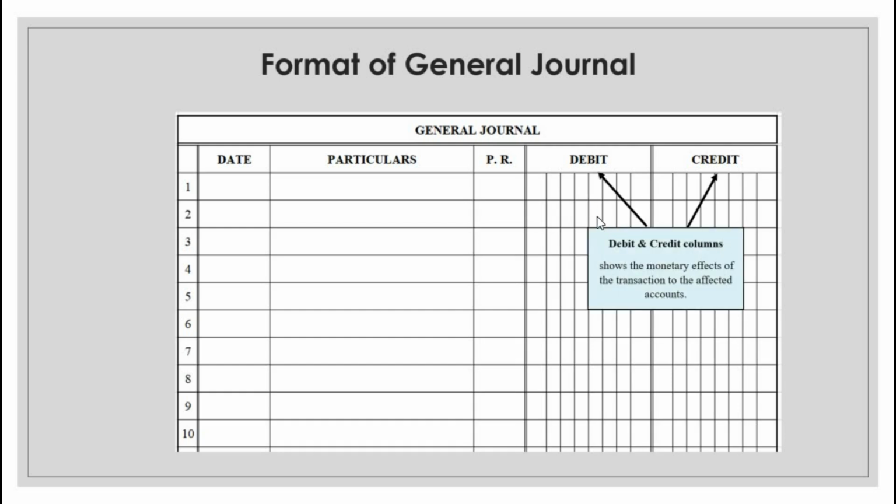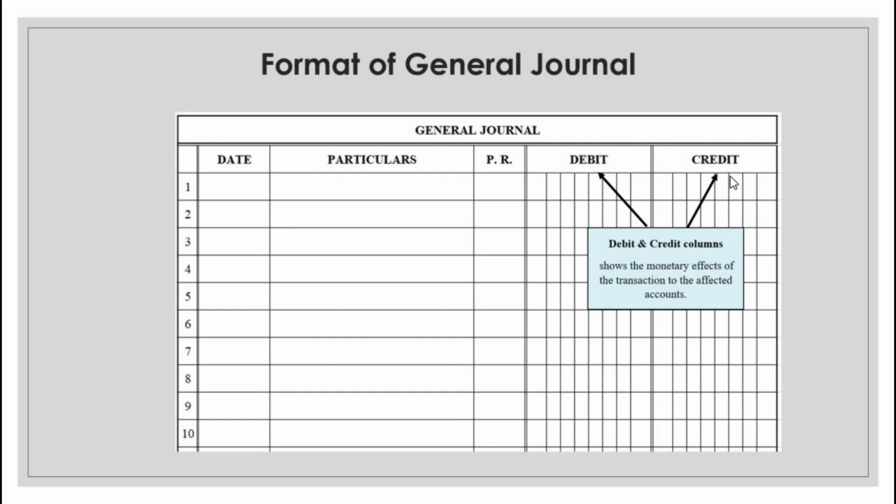So, the last two columns here are for the amounts. The first column, we have here the debit column. Ito yung column para sa mga amounts ng mga accounts na dinebit mo, so dyan mo siya i-record.